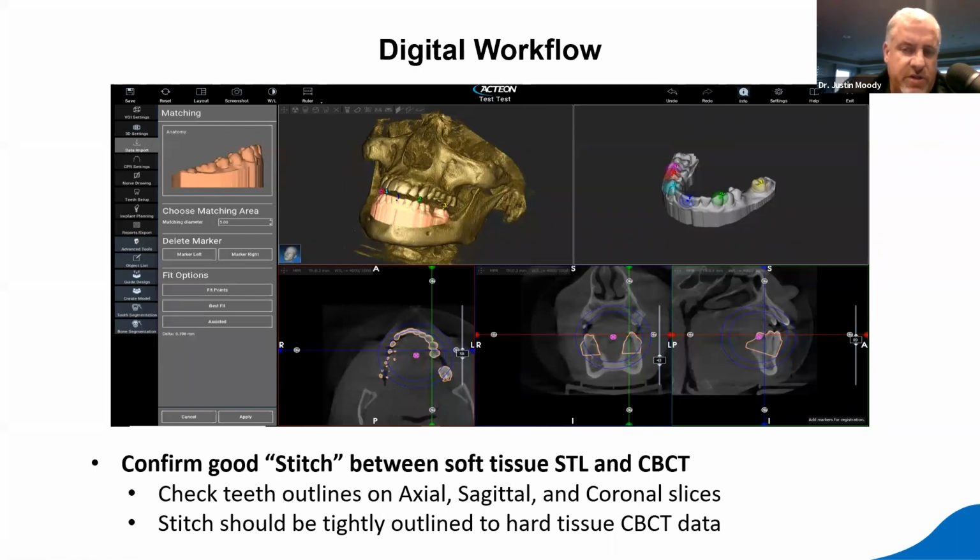What we can do is look through some of the slices of this and confirm that what you're seeing in the axial, sagittal, and coronal slices is actually what is in the mouth. And you'll see they're outlined, and the outline should follow those items almost to the T. So the stitch should be tightly outlined to the hard tissue and ConeBeam CT volume.